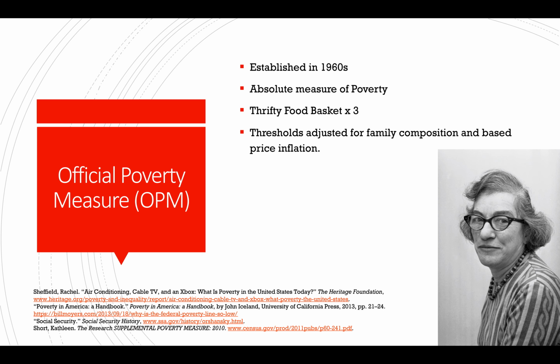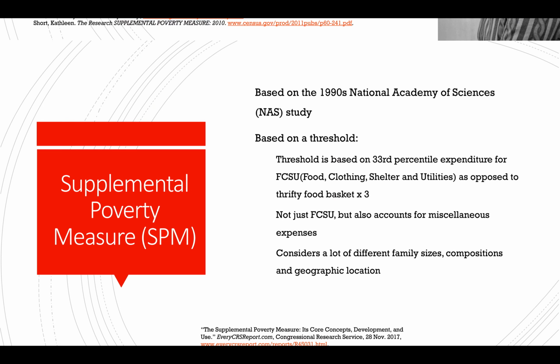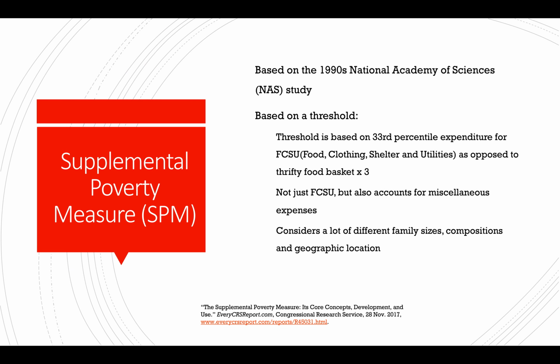These issues prompted the development of other poverty measures, such as the Supplemental Poverty Measure, SPM. Based on the 1990 National Academy of Sciences study, SPM measures poverty by economic deprivation. Just like OPM, SPM uses a dollar threshold based on the consumer survey data of how much people on the 33rd percentile are spending on food, clothing, shelter, and utilities. Then, an extra 20% is added to the threshold to account for other expenses.